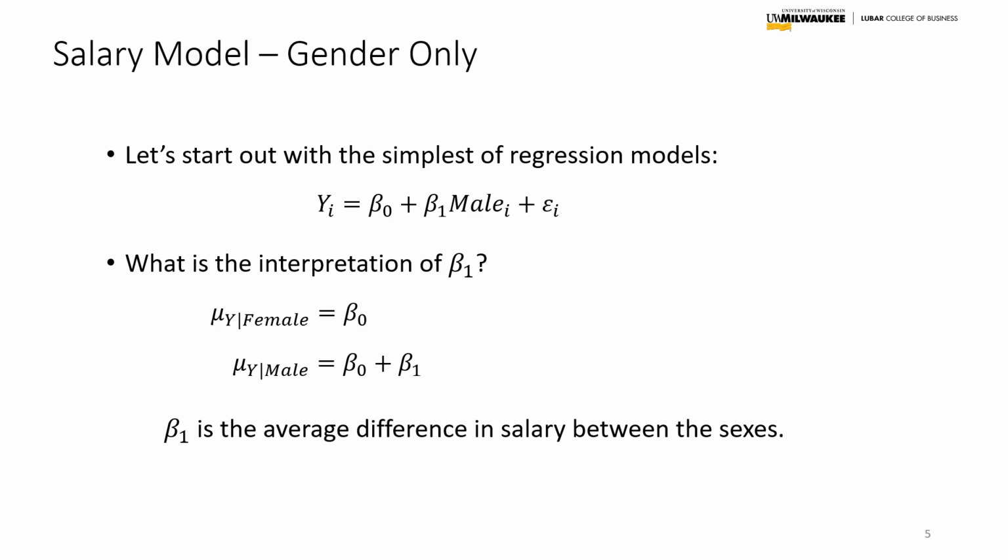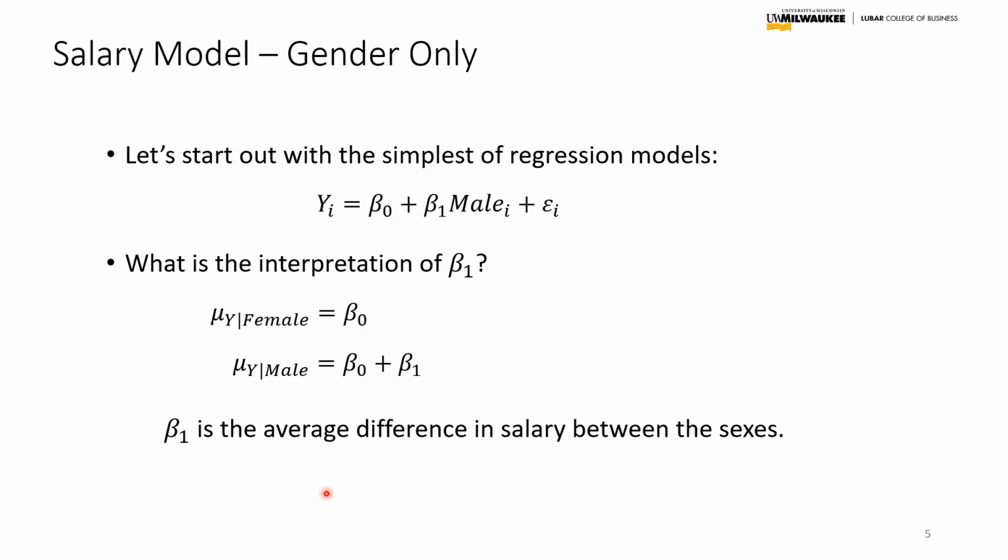Let's start out with a simple regression of salary only on a 0-1 male variable. What is the interpretation of beta 1? Now let's not worry about the error term. On average, the errors equal 0, so that means the betas reflect on average, in this case, the salary differences between male and female.